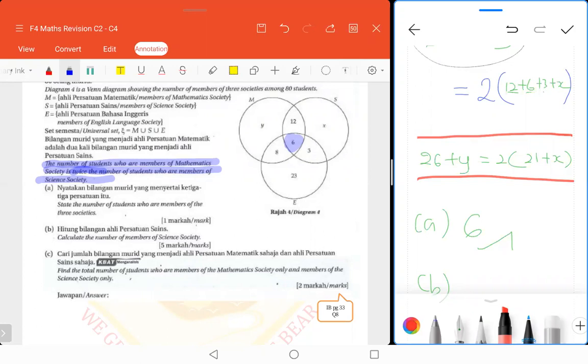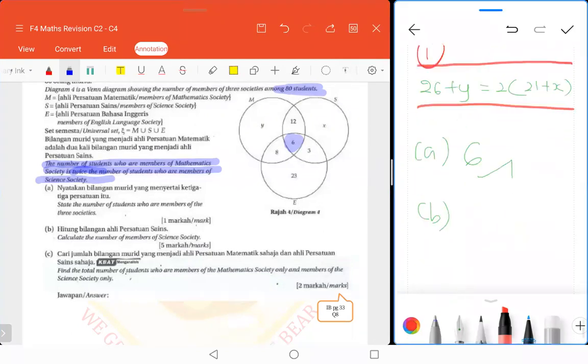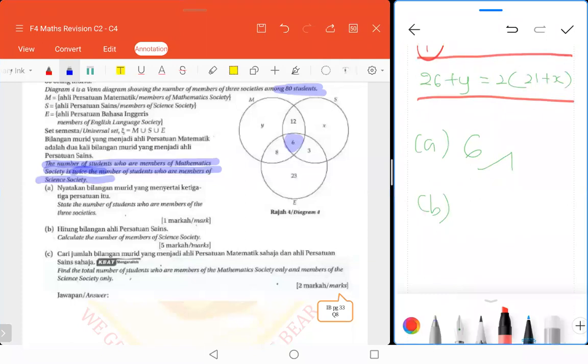Since we have formed 1 equation here, can we form another equation based on the info given? What else do we have? Just now, the total is 80, right? The total students is equal to 80 students. So we can form the second equation over here.